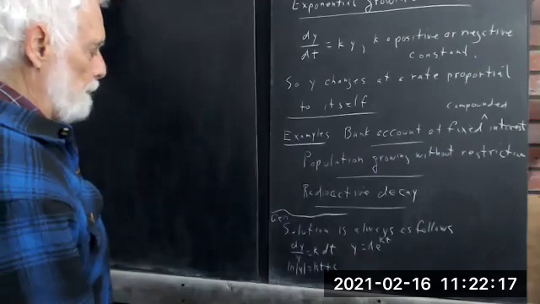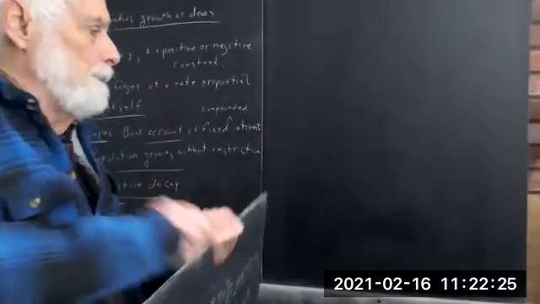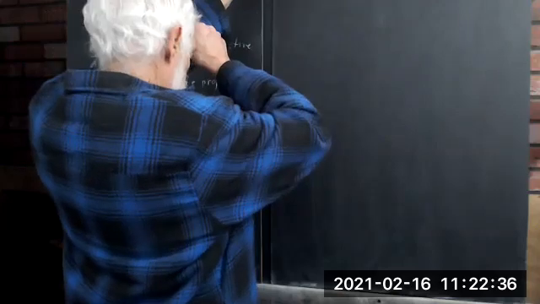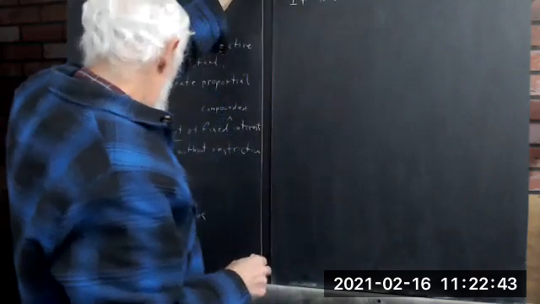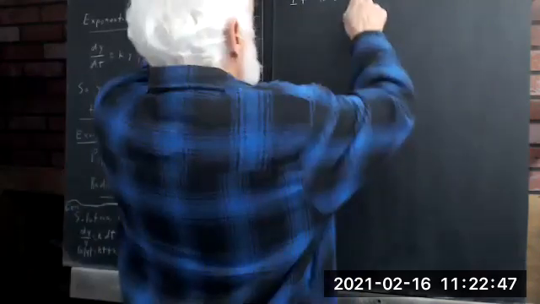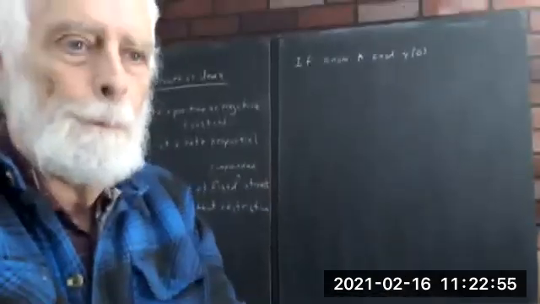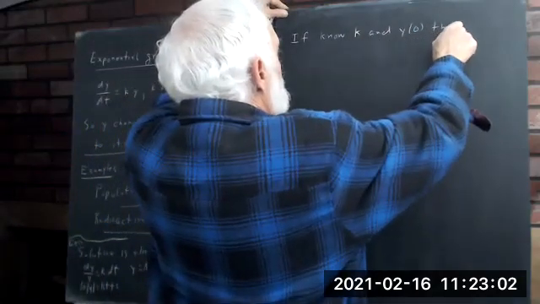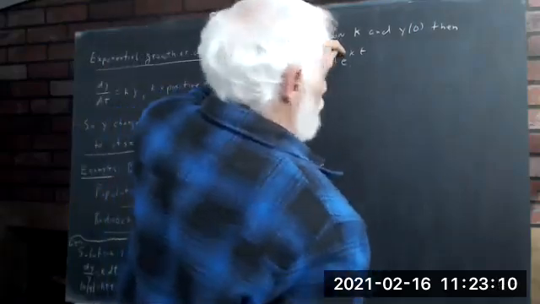Okay, so let's say we know k and y of 0. And y equals a e to the kt.